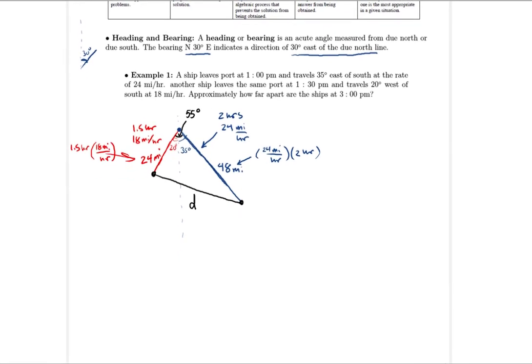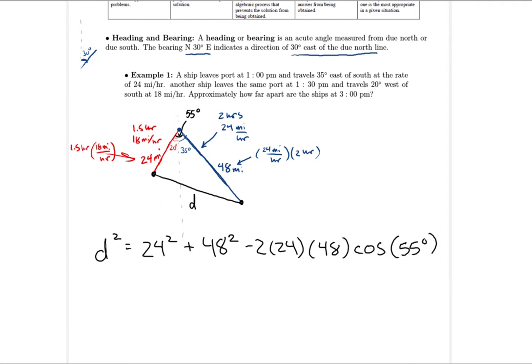So I can just simply say that d squared has to be equal to 24 squared plus 48 squared minus 2 times 24 times 48 times the cosine of 55 degrees.